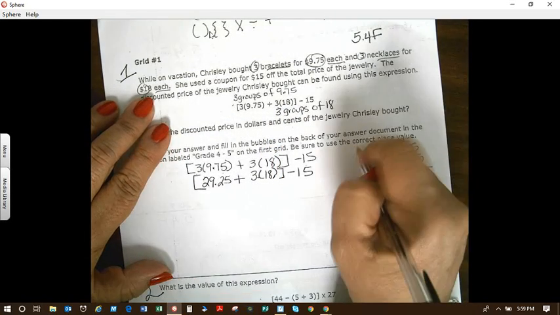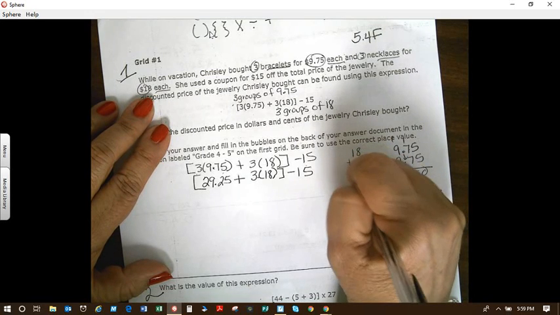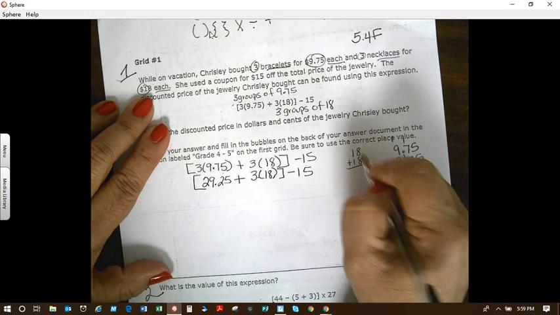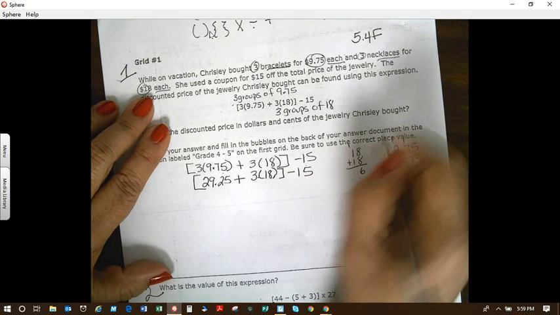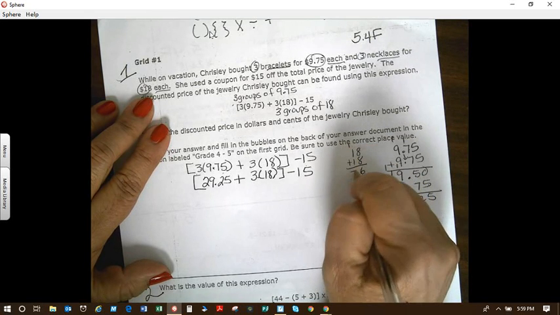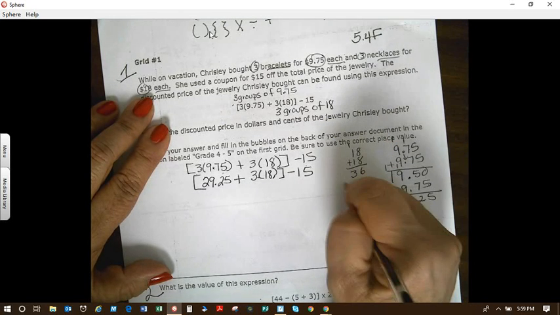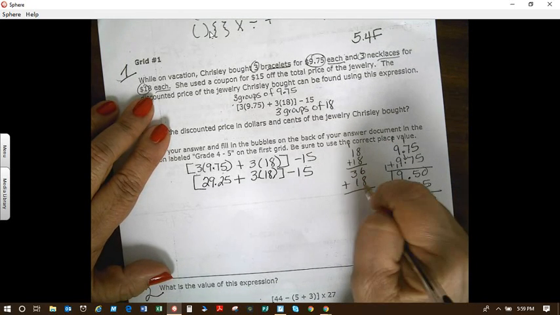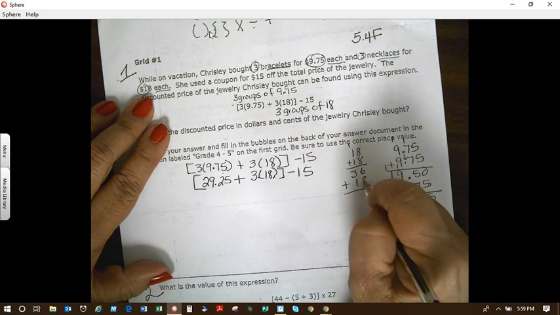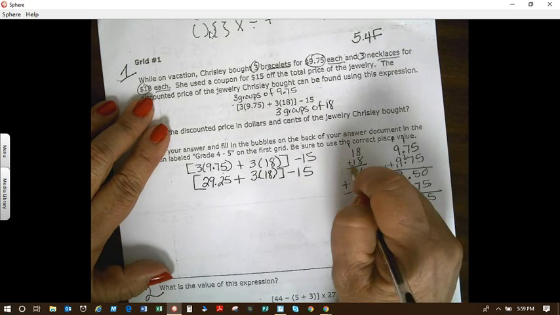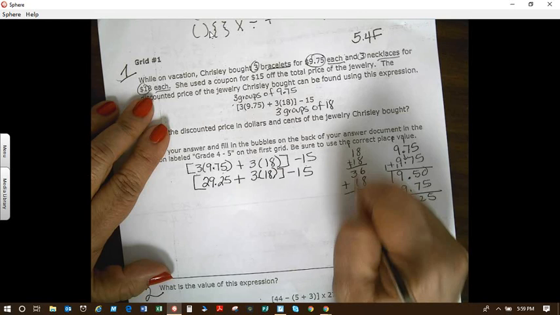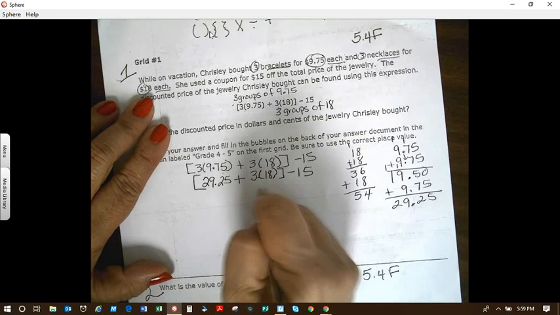So I'm going to represent it by 18 plus 18. 8 plus 8 is 16. 1, 2, 3, that's 36. I could have multiplied it out because you've been doing this before. 8 plus 6 is 14. Carry my 1, 3, 4, and 5. And that makes it 54.